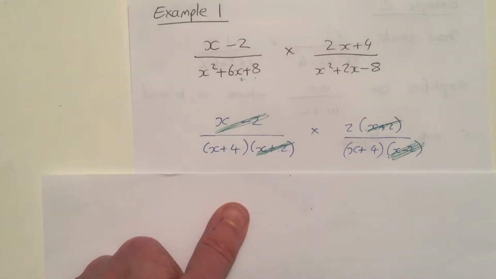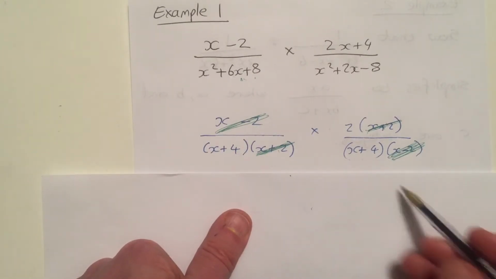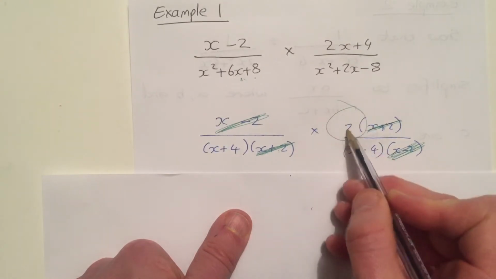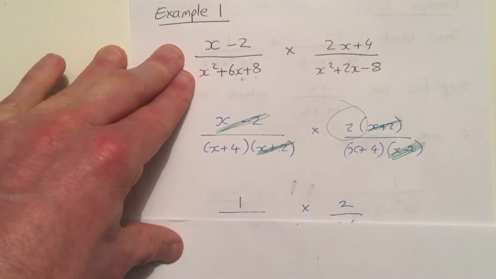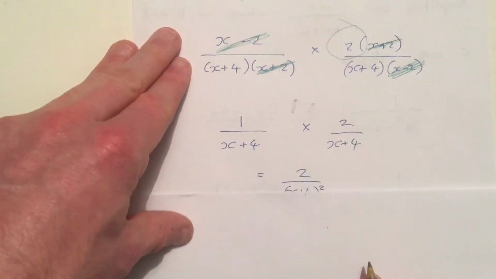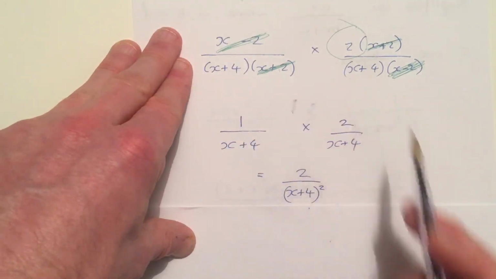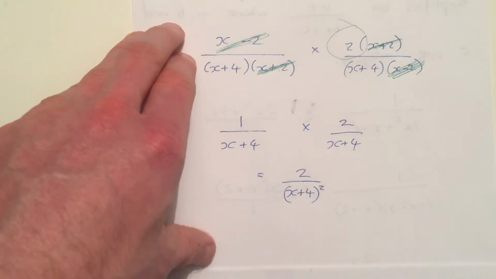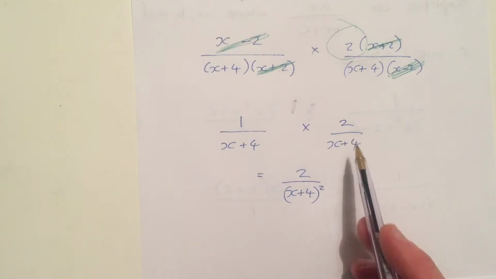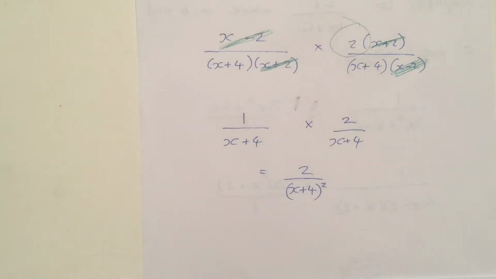They're going to cancel out. And so actually all I am left with is just a 2 on the numerator and an x plus 4 and an x plus 4, which will give me a 2 over x plus 4 squared. And there we go. Can't simplify that any further, so that is my answer for that one.